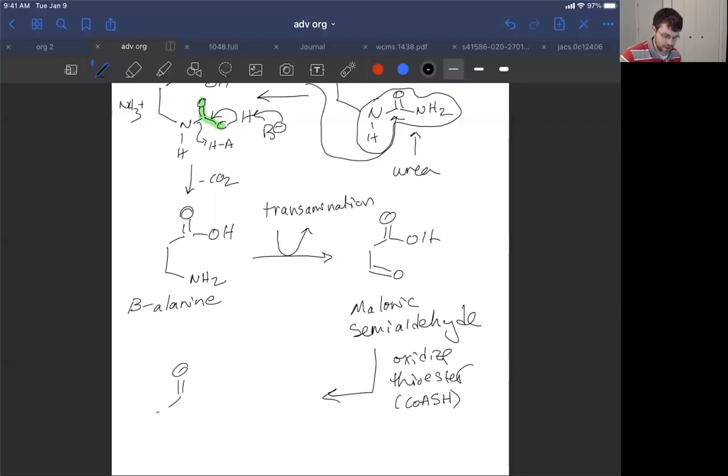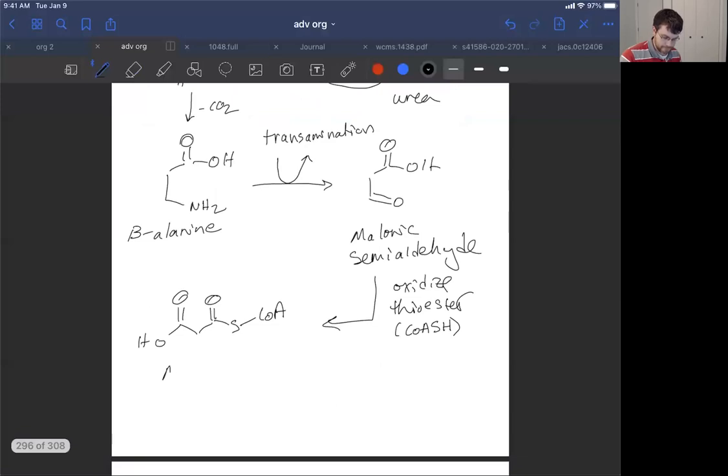What we ultimately get is what's called a malonic acid half thioester. So malonic acid is 3 carbons, with carboxylic acids on the 2 outsides.